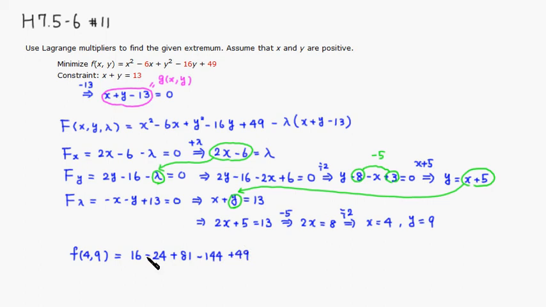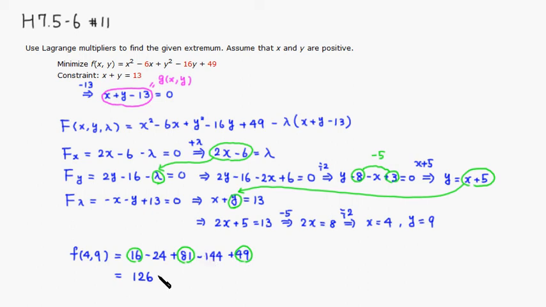So 16 plus 81 is 97, 97 plus 49 would be 126. Is that right? Yes, 97, so it should be right.